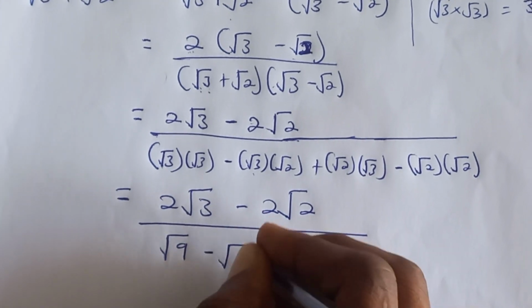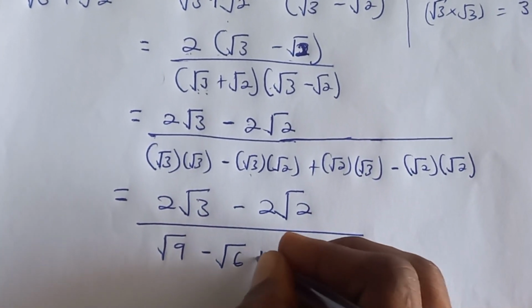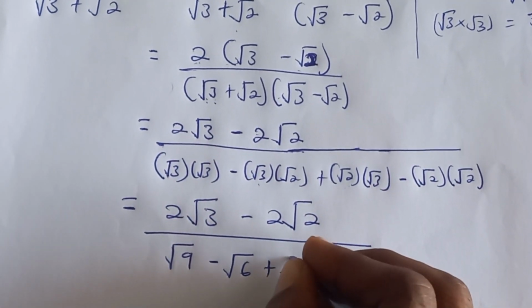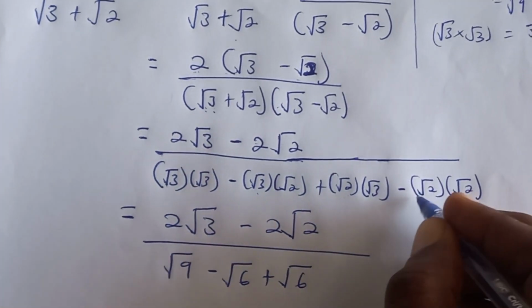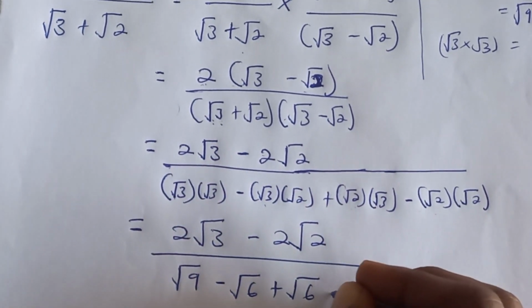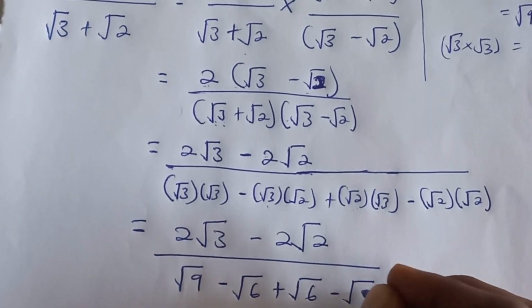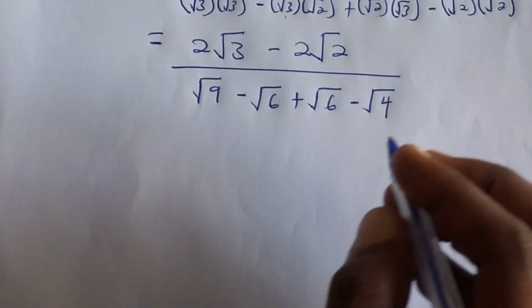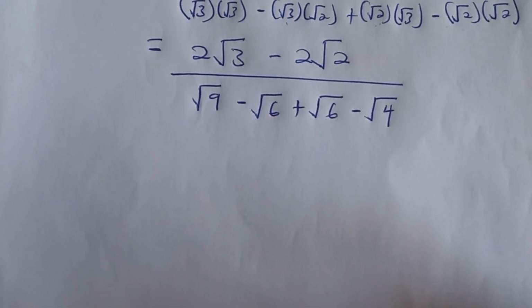Root 6. Plus root 2 times root 3, we are getting positive root 6. Minus root 2 times root 2, we have minus root 4. See? Good. Okay, so we can still simplify things out.